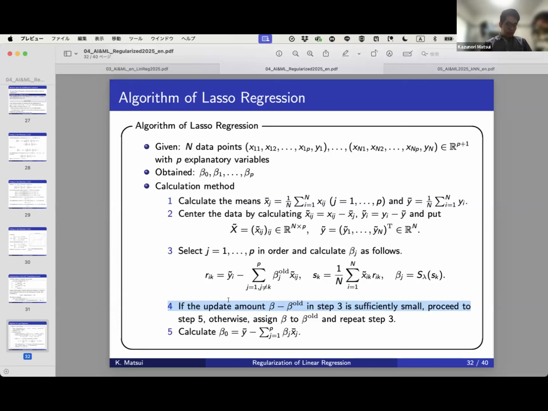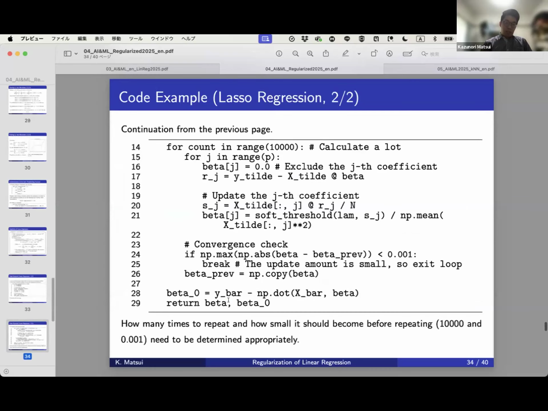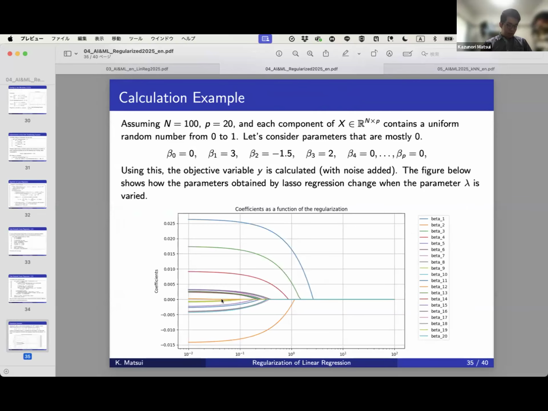The larger we make the regularization parameter lambda, the more coefficients become zero. By choosing an appropriate value, most parameters become zero, leaving only the important parameters.